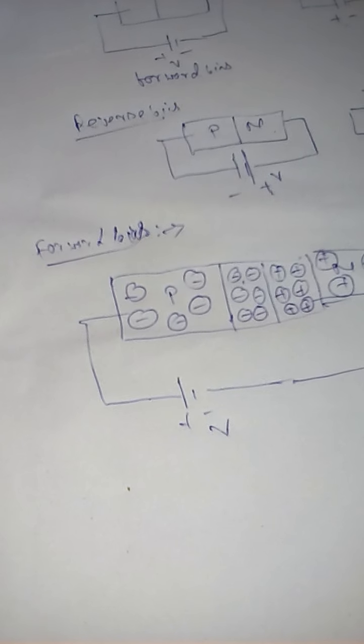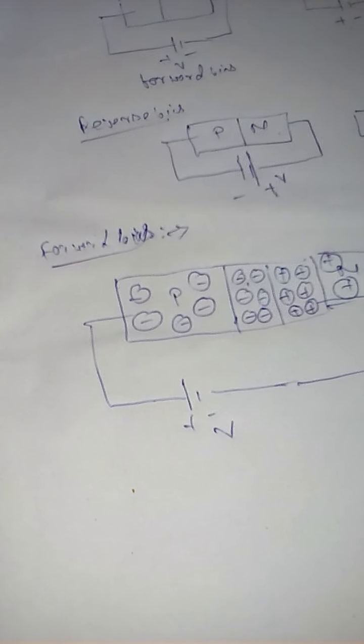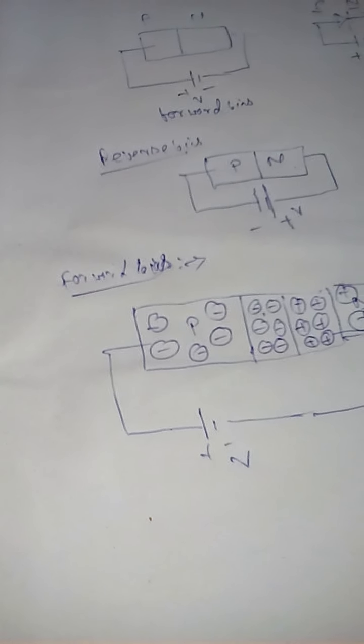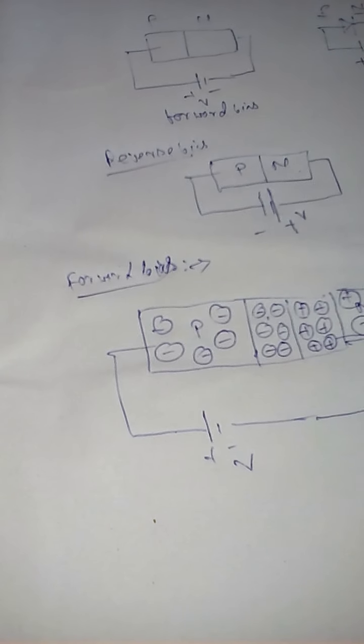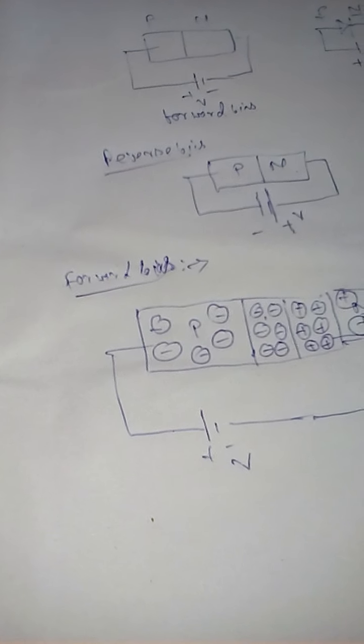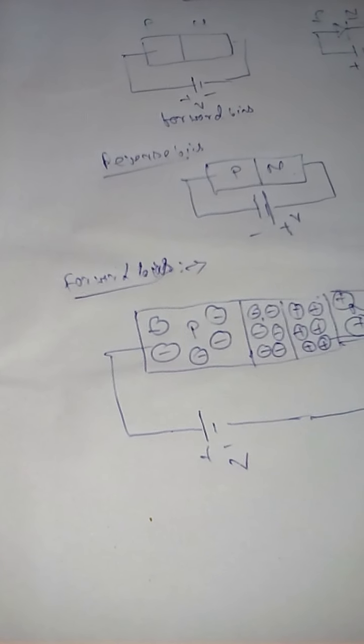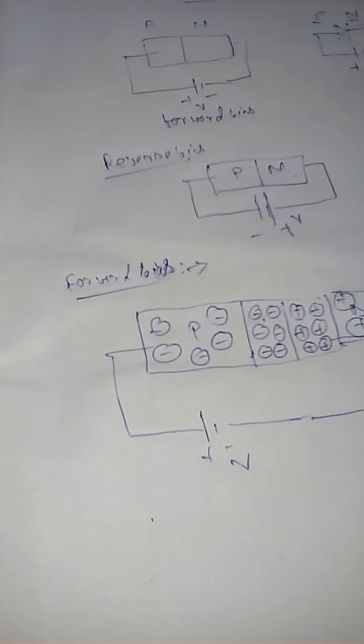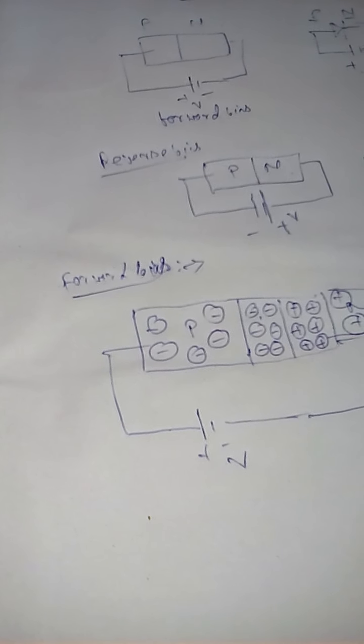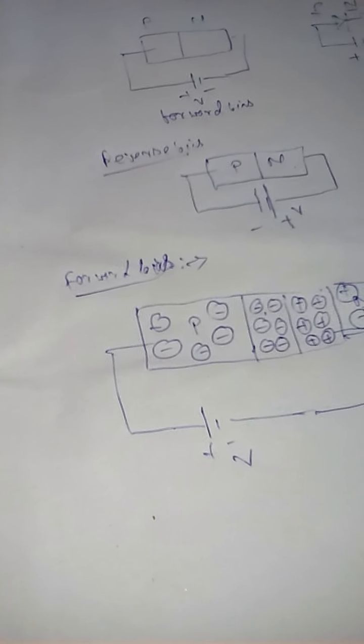Because of the energy acquired from the voltage source, some of the holes and electrons enter the depletion region and recombine. This reduces the width of the depletion layer and the barrier potential in forward bias. As a result, more majority carriers diffuse across the junction. Therefore, it causes a large current to flow through the junction.